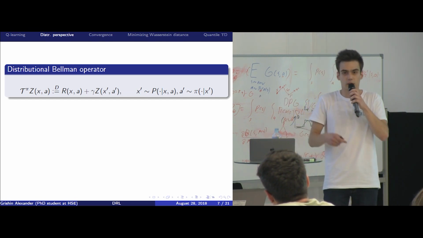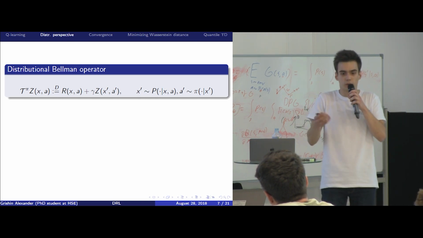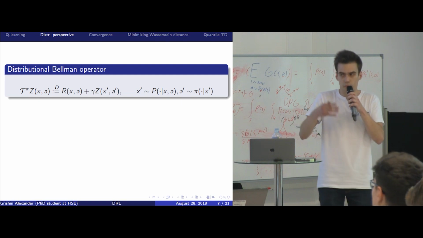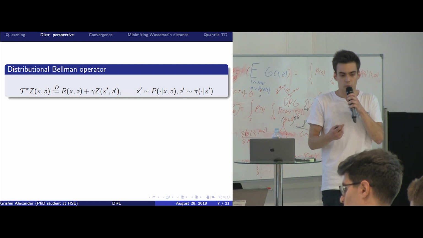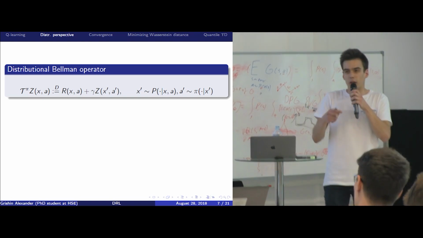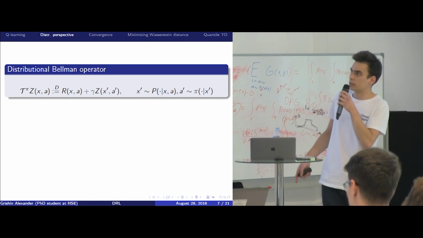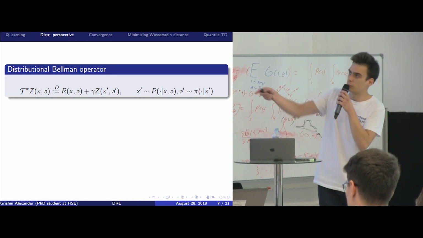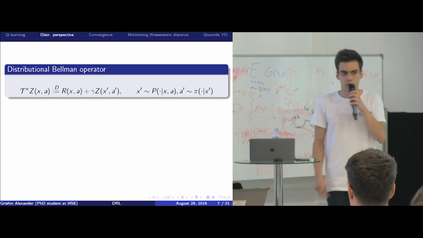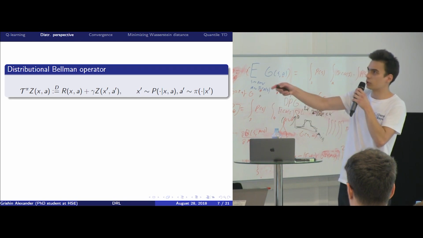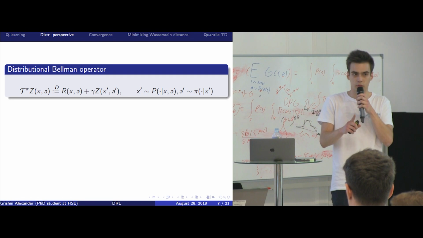For example, in some state and action, a different reward may be given by our environment. This is the first one. The second is that we can have, for example, a bad estimation, a bad approximation, and this distribution, in theory, can handle this fact. But this equation is designed only for intrinsic randomness, not the parametric randomness.